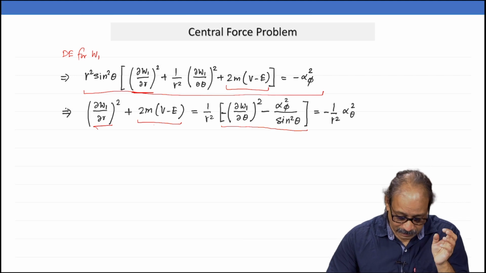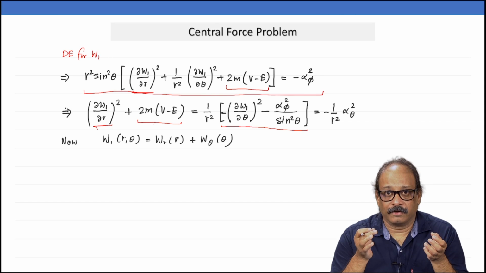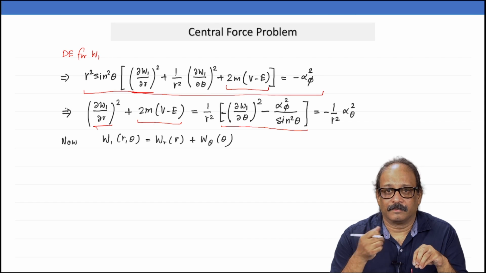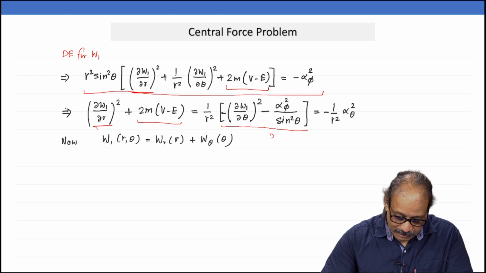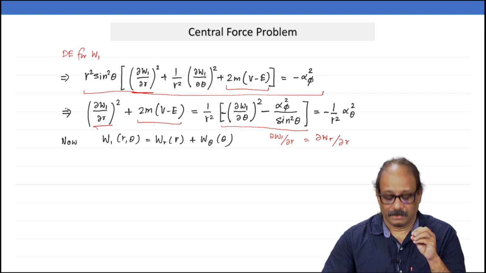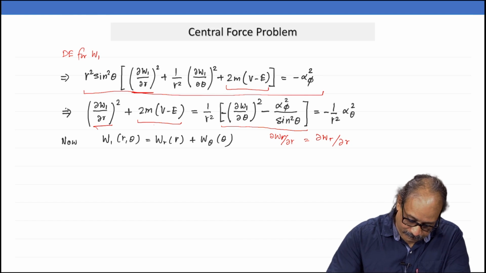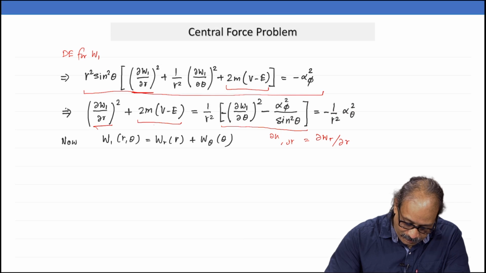Now, W1 still is a function of r and theta. So, I make another ansatz that W1 is the sum of two terms, W r and W theta, W r depending on only r, W theta depending on only theta. And in that case, partial derivative of W1 with respect to r is the same as partial derivative of W r with respect to r.